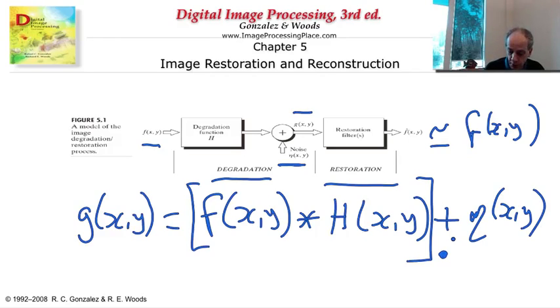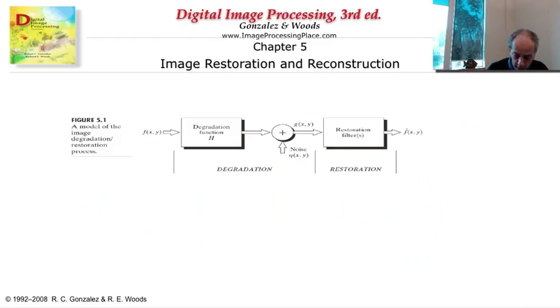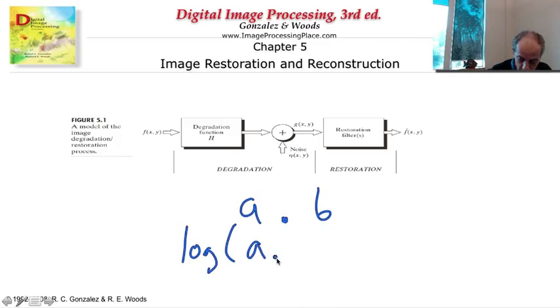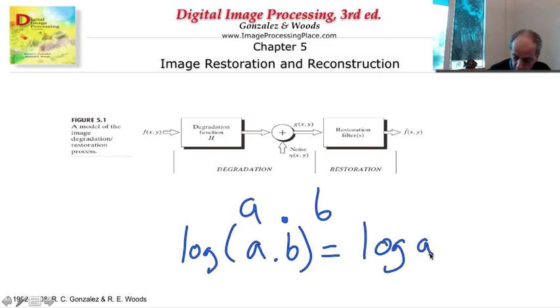And the idea is very simple. If you have multiplicative noise instead of additive noise, let me erase here so I have everything to write down. So if you are multiplying two numbers, a times b, I can take the logarithm of the product of those two numbers, and that's equal to the logarithm of a plus the log of b.